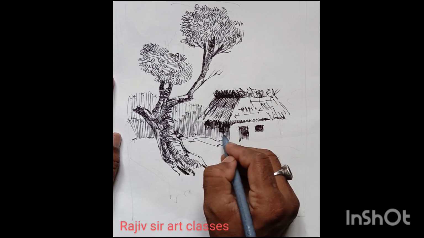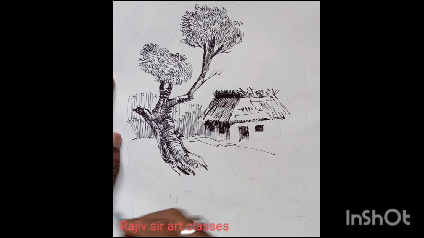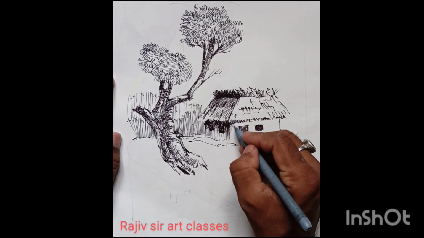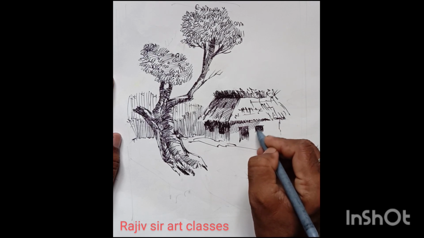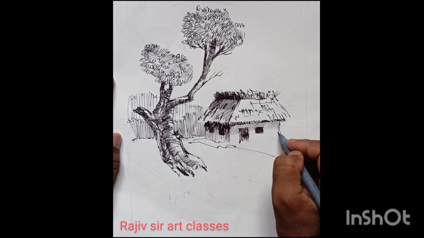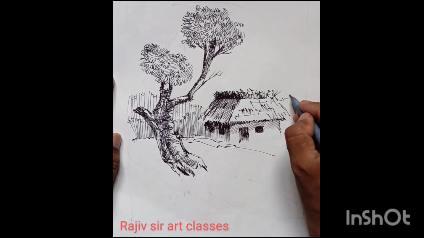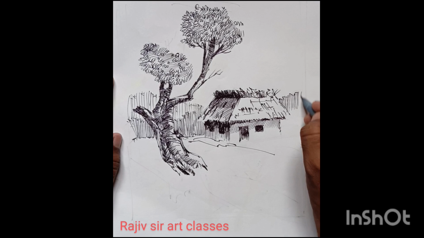Now I'm keeping the light on the right side of the hut. So according to that light source, whatever object I have composed onto the paper, it will receive the light. The hut and the top portion of the hut will also receive the light from the right side.